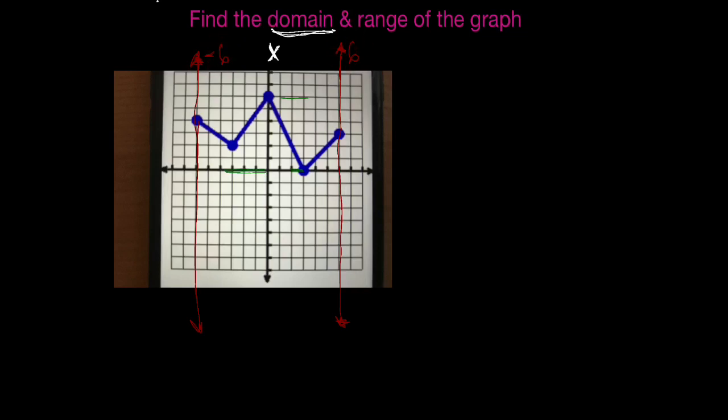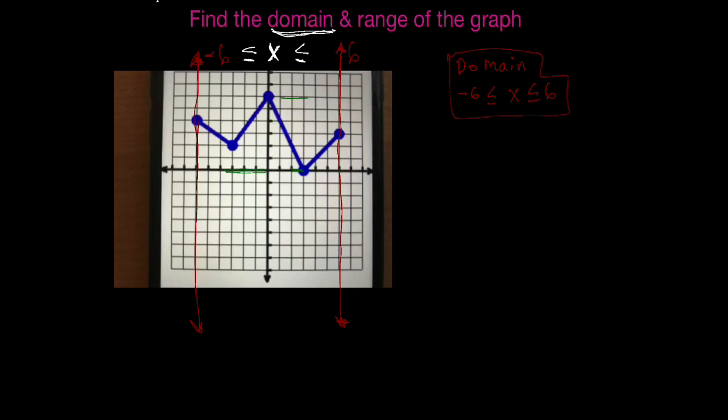These equal to symbols come from the fact that we had closed points right there. So let me specify this here on the right. The domain is going to be -6 less than or equal to x less than or equal to +6.